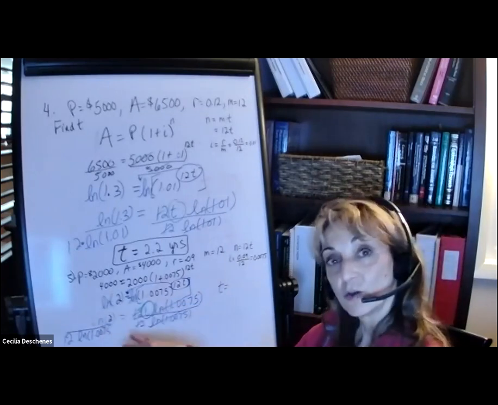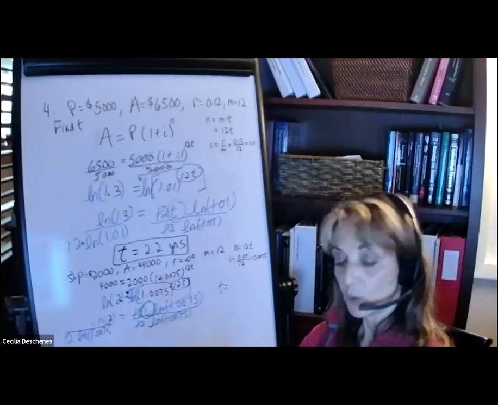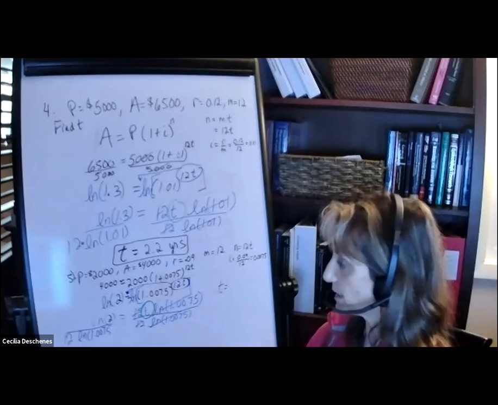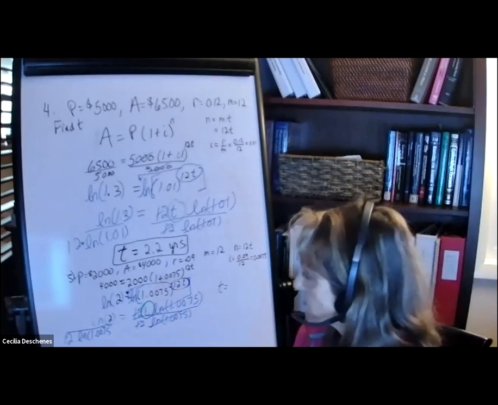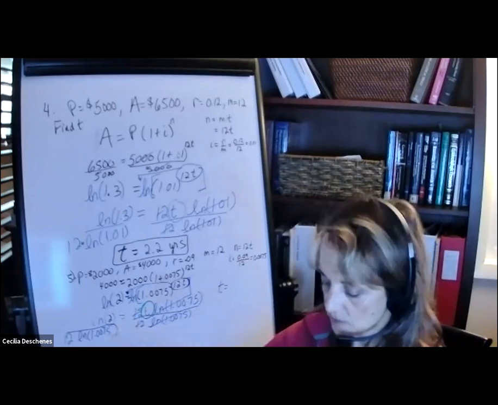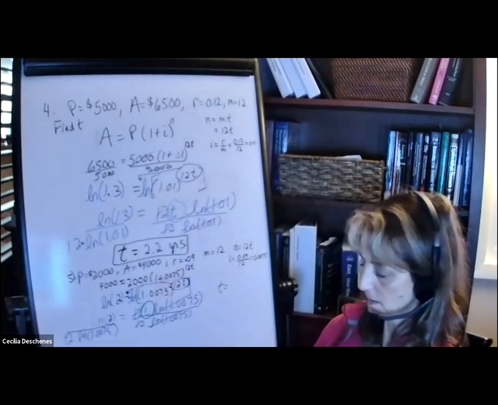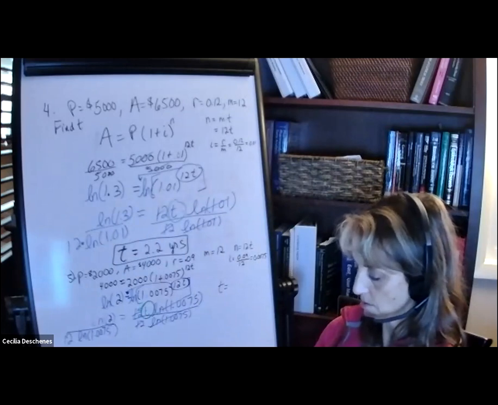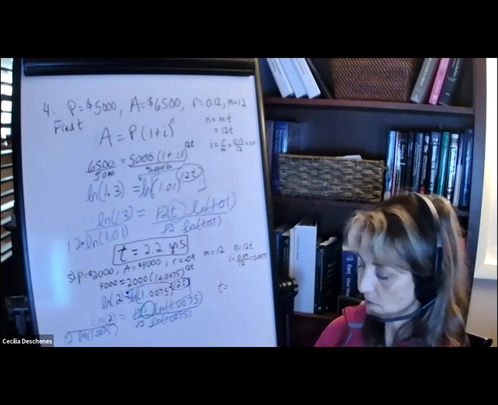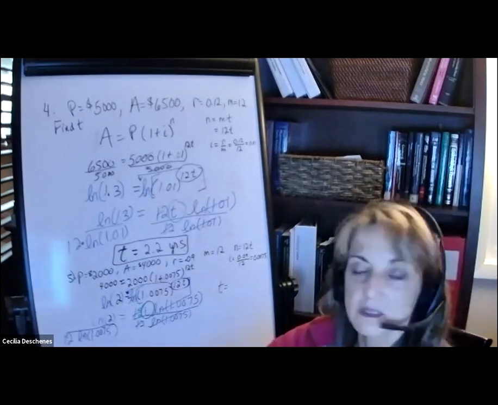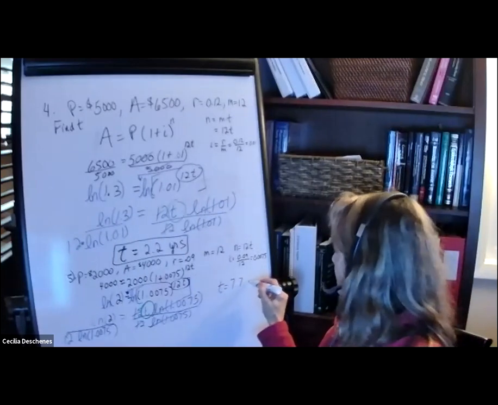So you could do ln of 2 divided by, and then an open parenthesis for your denominator, and multiply it out as 12 times ln of 1.0075, close the parentheses for the denominator, and I get that this comes out to 7.7 years.